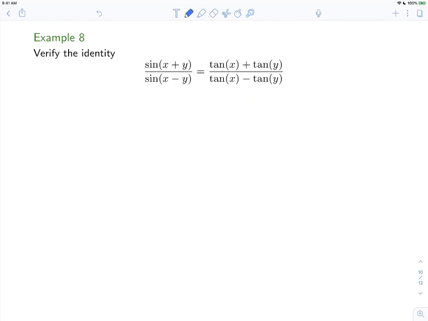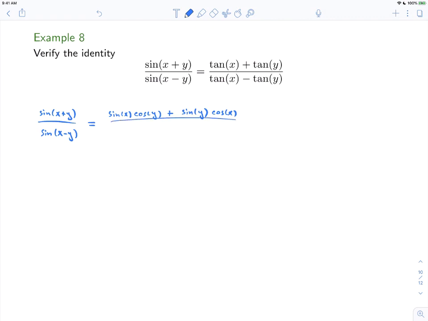We start out just by writing the left side of the equation down. Sine of x plus y divided by sine of x minus y. Now, in the numerator, we're going to use the sum formula for sine. So that's going to be sine of x times cosine of y. Sine preserves the sign, so this will be a plus. And then sine of the other angle times cosine of the other angle.